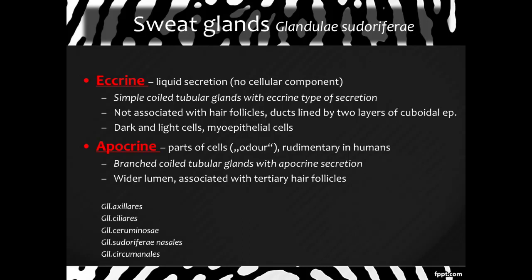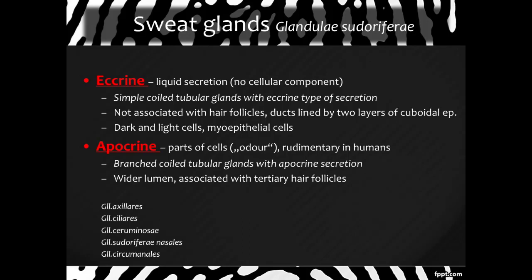That means that the blood in these capillaries is cooled by the production of sweat. The epithelium of the ducts, which is double layered, is responsible for the resorption of sodium and water from the sweat, and it is necessary for maintaining homeostasis in the human body.